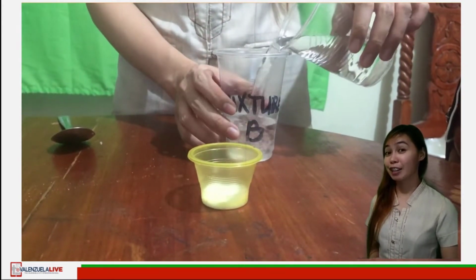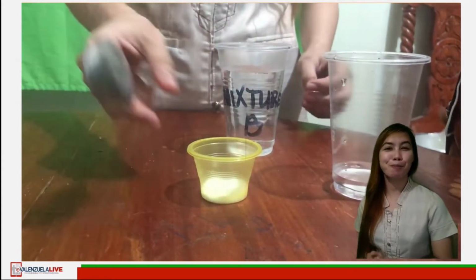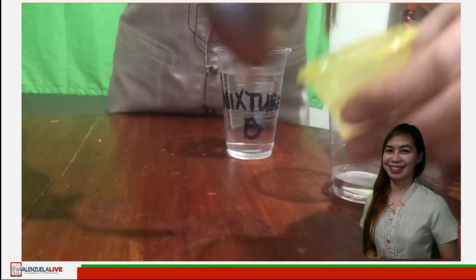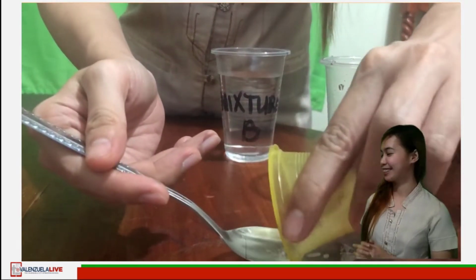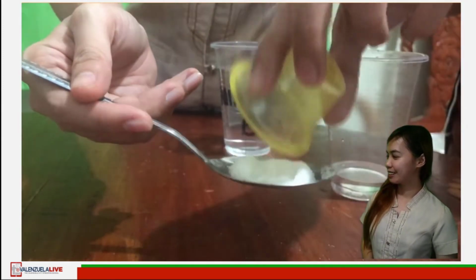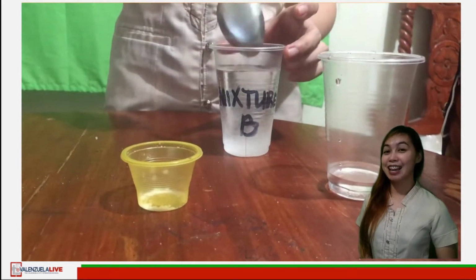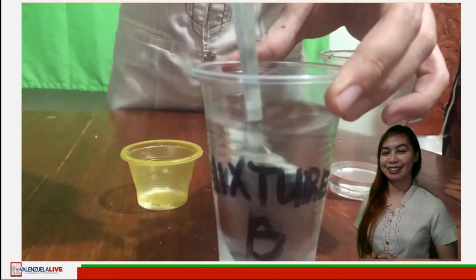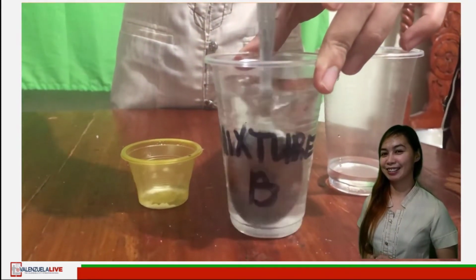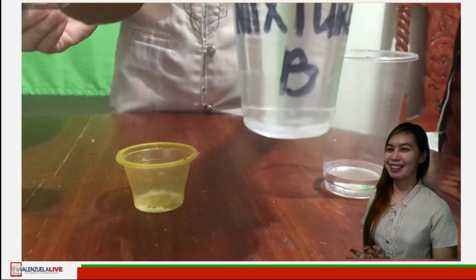And after that, let us add a tablespoon of iodized salt. Stir it and set aside.